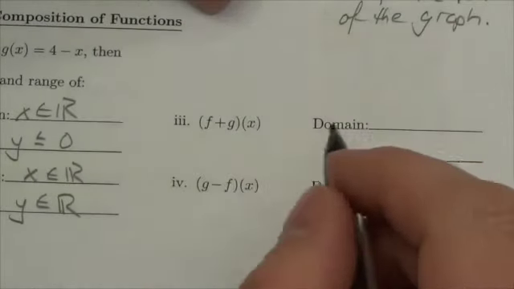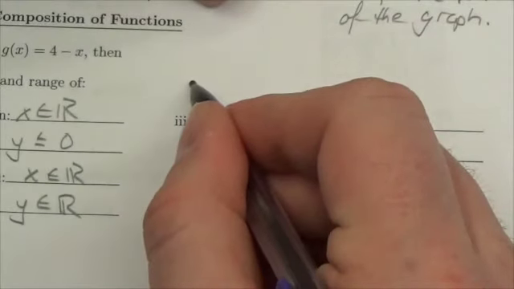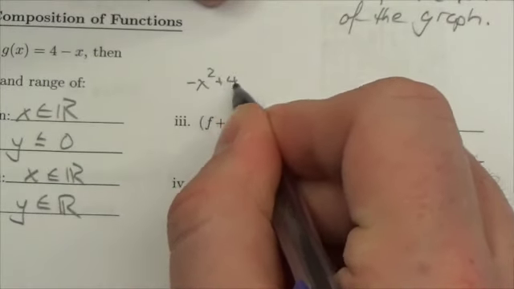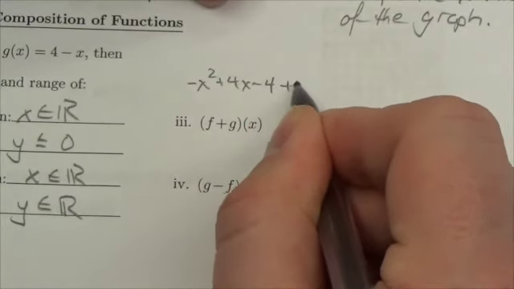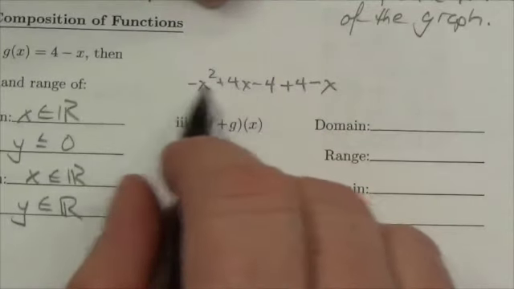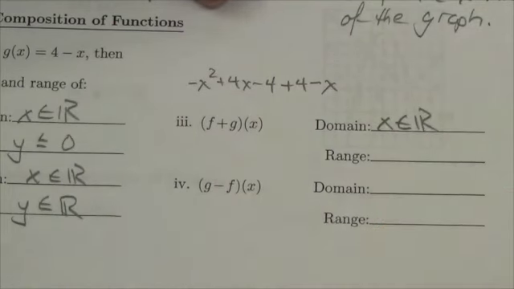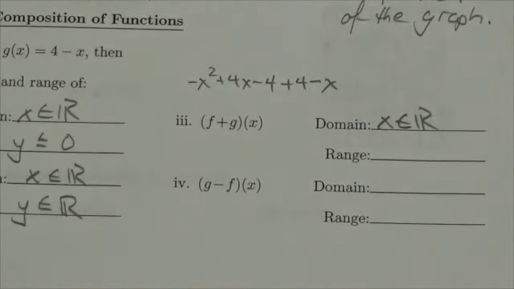The sum of those two functions would be negative x squared plus 4x minus 4 plus 4 minus x. It doesn't really matter, it's still going to be x is an element of the reals, because both of the constituent functions had these infinite domains.